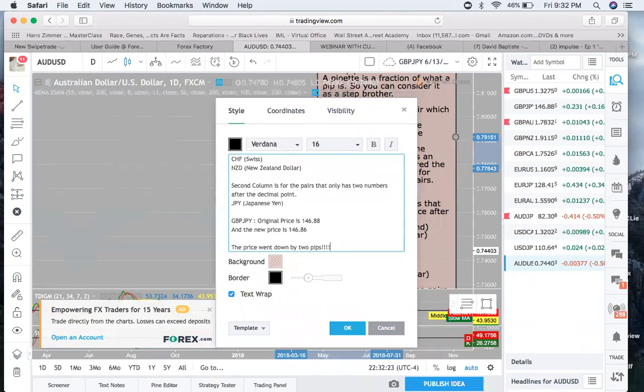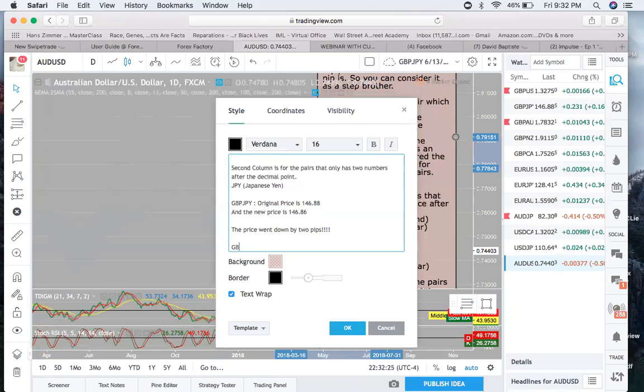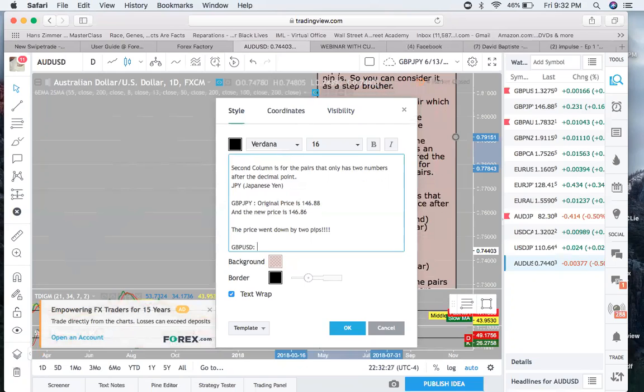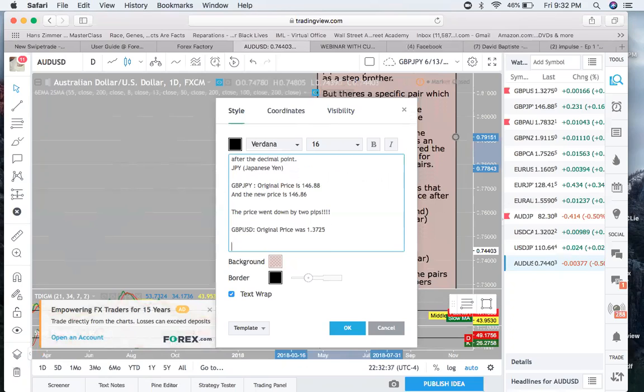So now, if you were to trade a pair such as GBP USD and the original price was 1.3725 and the market went up by 75 pips, what would be the new price for GBP USD?